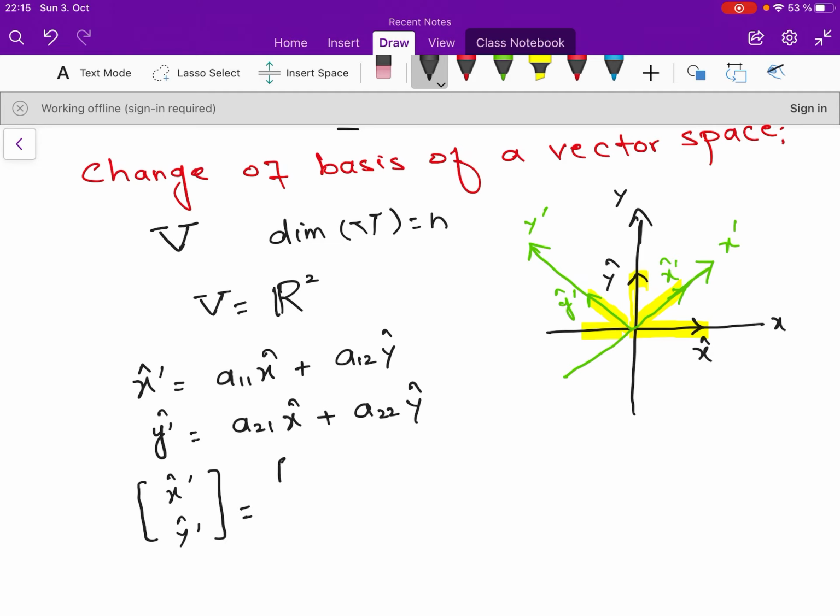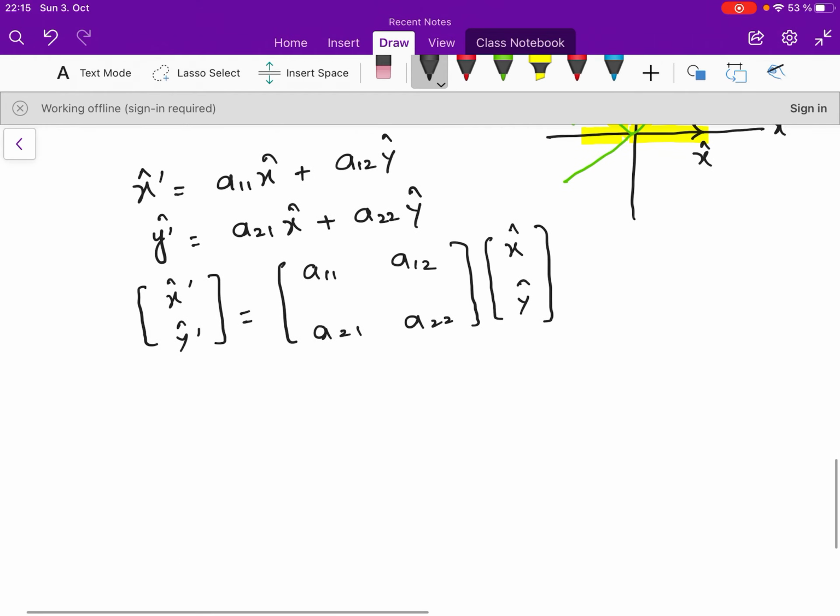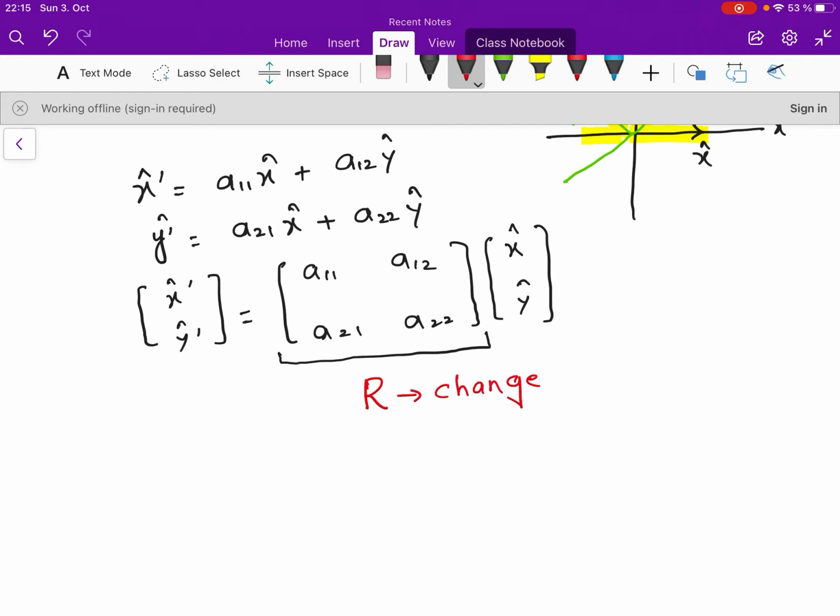This will become the matrix a11 a12 a21 a22 multiplying x cap y cap. So just by multiplication of this matrix we can obtain the new basis system in terms of the old basis system, and we call this matrix the R matrix, and this is actually the change of basis matrix.